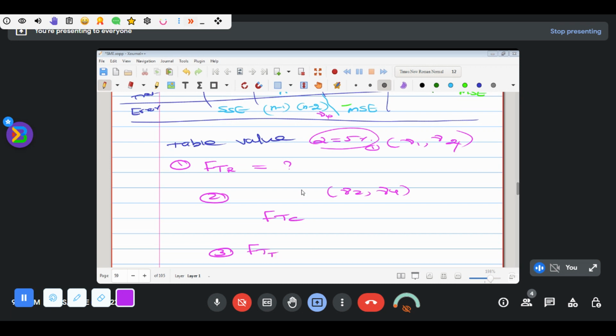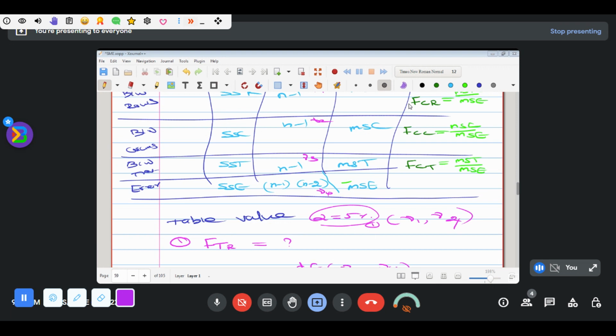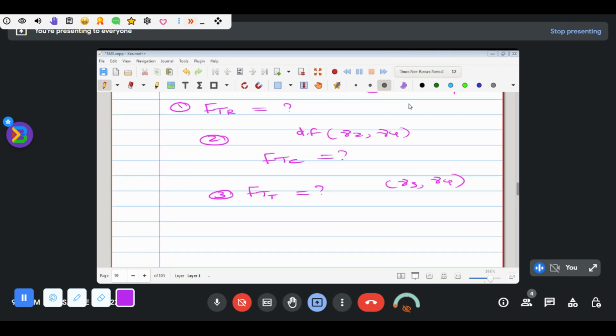What are the degrees of freedom? The level of significance is the same, but the degrees of freedom are different. Therefore, here comma 3, comma 4. Once you find these three values, check the table value against the calculation value. Then you write the conclusion.